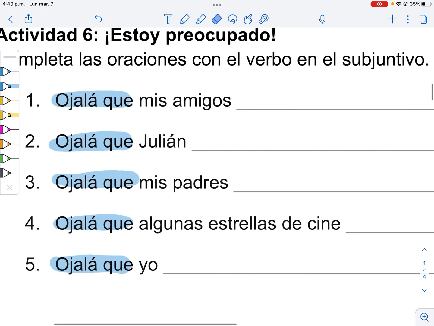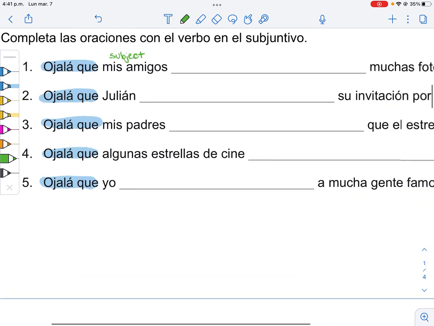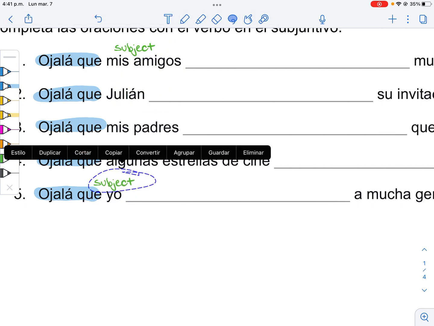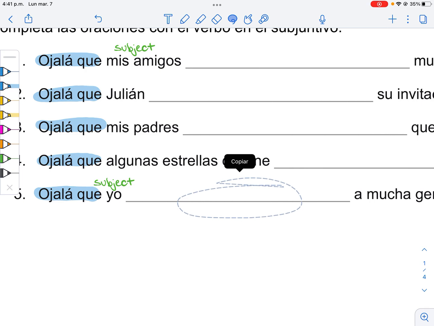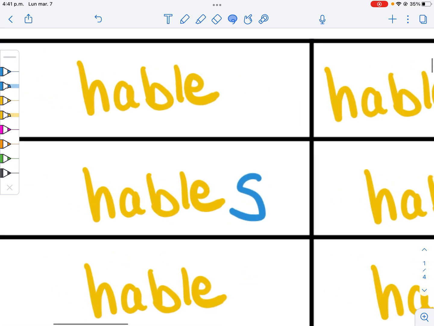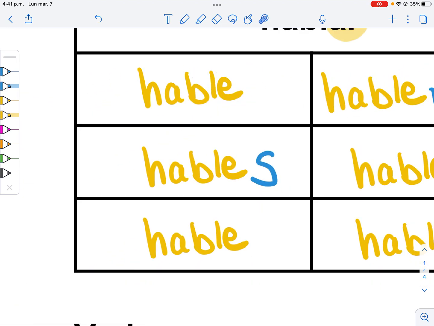But notice we also have the subject here. The subject is not always needed, just like it's not always needed in a normal Spanish sentence. Like here we don't need to have a yo in our sentence because it'll be implied by our verb conjugation, but it can help clarify, especially when our conjugations on the yo form and the él form are the same.